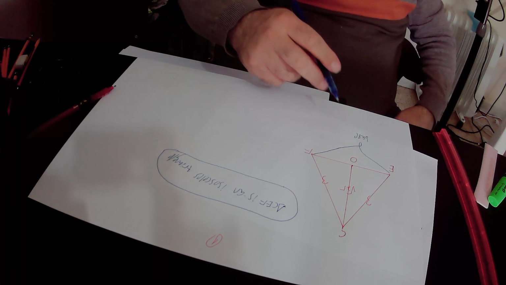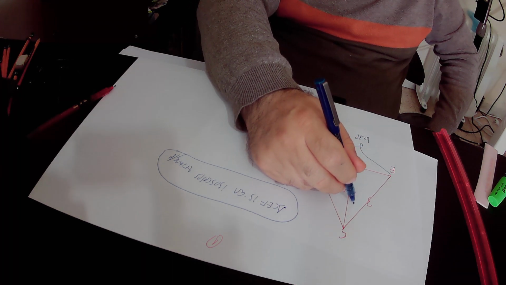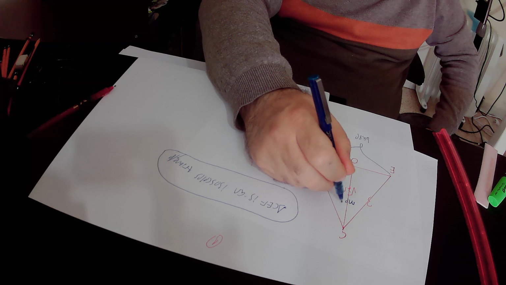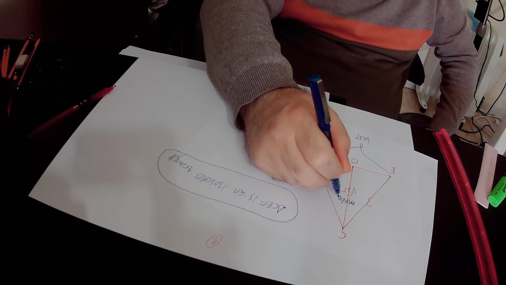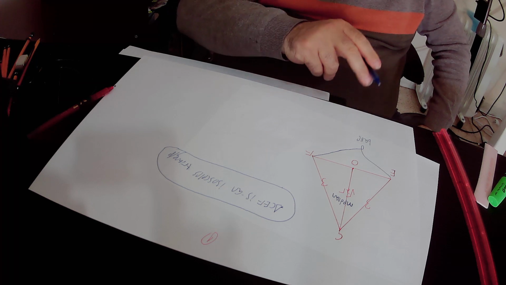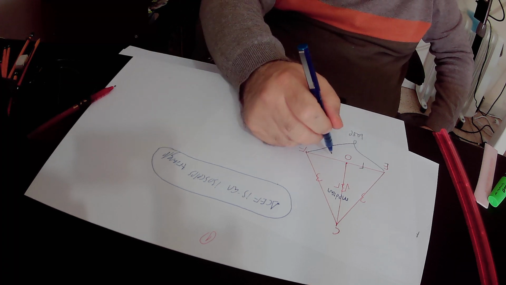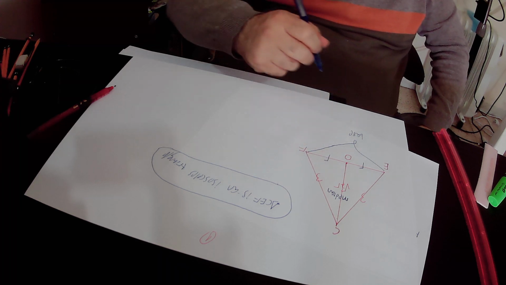And CO is the median to the base, as I already explained. Why is it the median? Because it bisects the base EF into 2 equal parts. EO equals OF equals r, the radius of the semicircle.